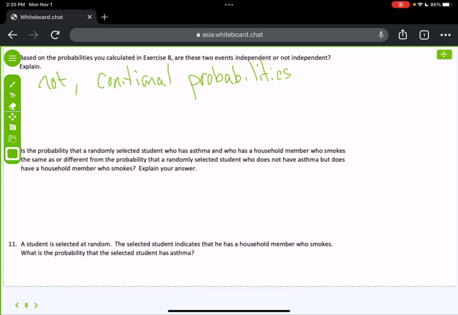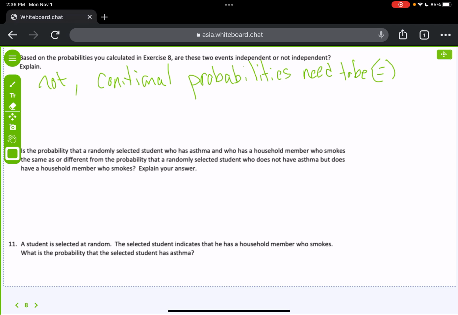They needed to be equal for them to be independent. They're independent of each other if those are equal. It can get a little confusing. If they're independent, then that would mean that they are equal. They're not independent because they were not equal.